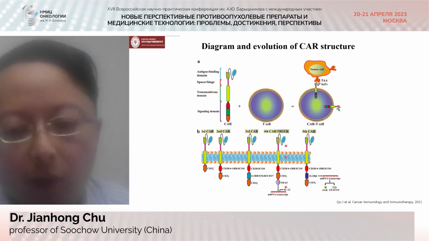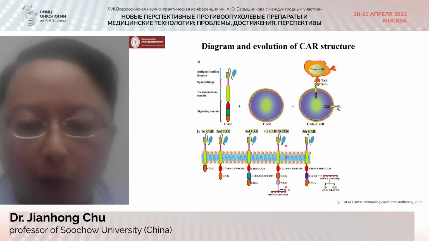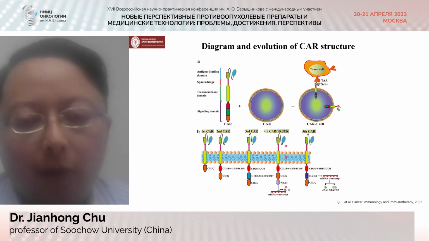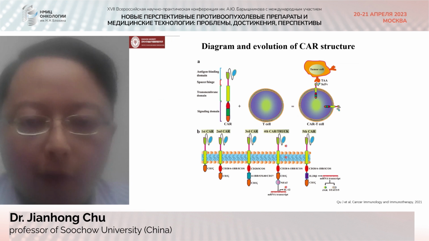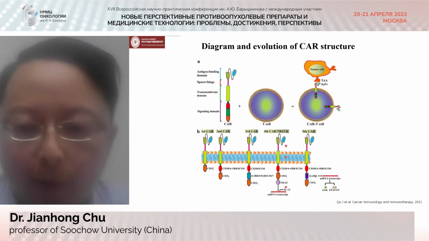You can see the inducible IL-12 expression cassette is often included in the fourth generation of the CAR, and the IL-2 receptor beta intracellular domain is often included in the fifth generation of the CAR.